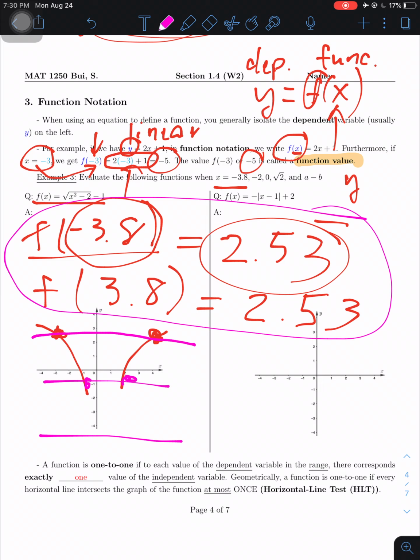So what does it mean? Is there anything special about this one? I told you guys, if we move a pen vertically across the graph from left to right, if it touches the graph more than once, then it's not a function, right? Then what does it mean if a pen, when we move it horizontally from bottom to top, touches the graph more than once? Well, then the function is not 1 to 1, okay?